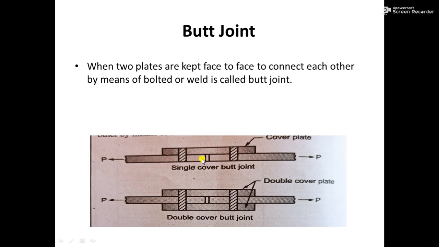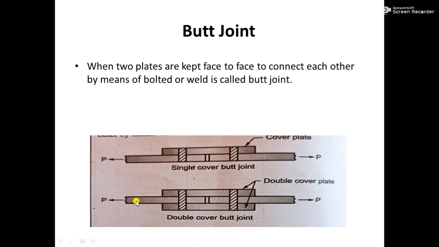Then another plate is provided over it, and then bolts are provided. Such a connection is known as a single cover butt joint.